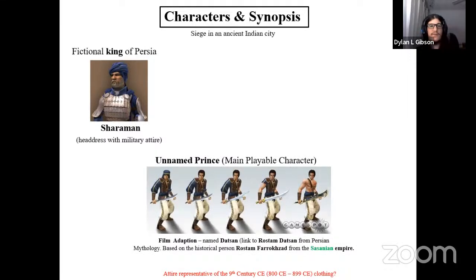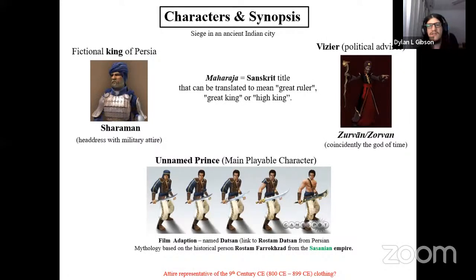So the story is basically the king of Persia and his son go to ancient India, or they go to invade an Indian palace, because they were told by the vizier, which is the Maharaja's political advisor, that there's a treasure there. So the vizier betrays the Maharaja, and he tells the king of Persia that there's great treasures in his palace.